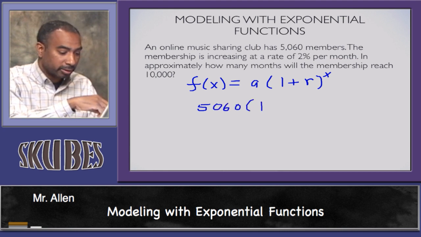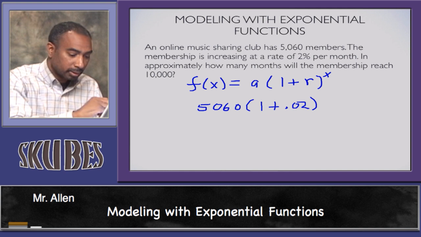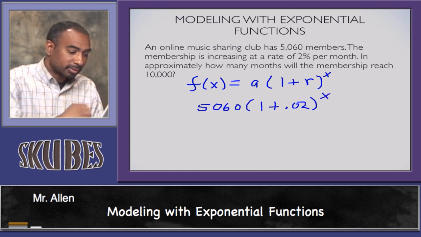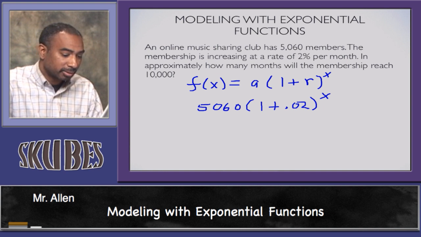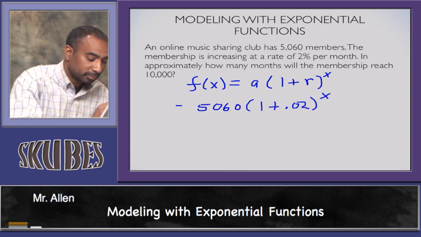And the rate that's growing is 2% per month, so we're going to put 0.02. But what we don't know is in how many months the membership will reach 10,000. That's what we're trying to figure out. So you've got to set this equal to 10,000.